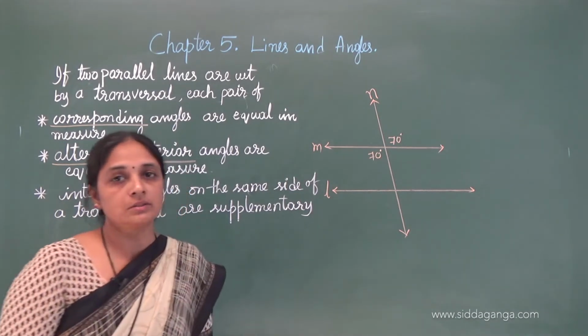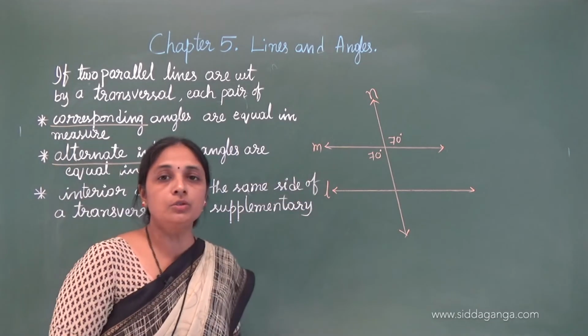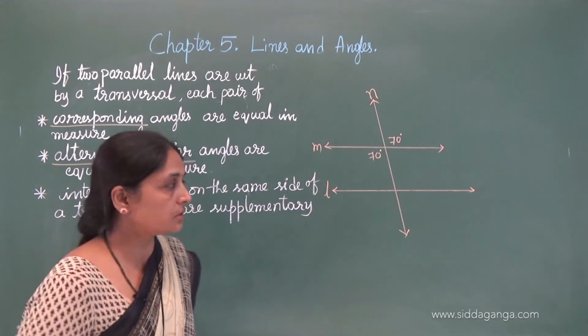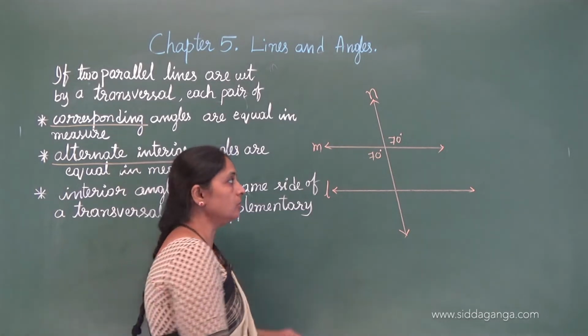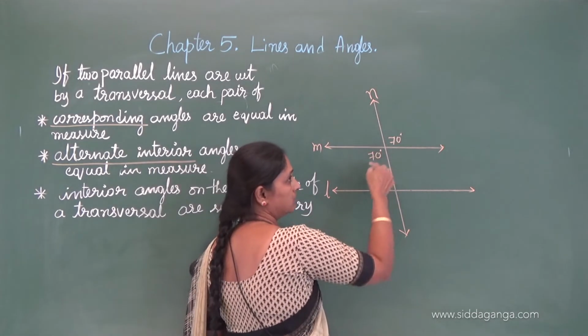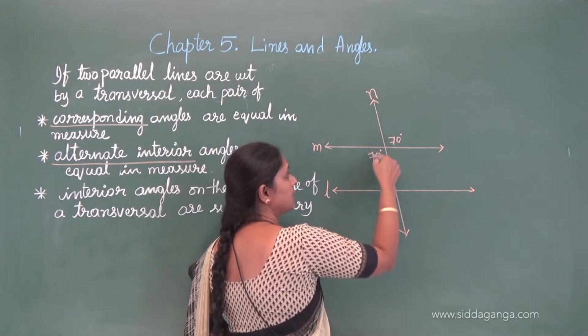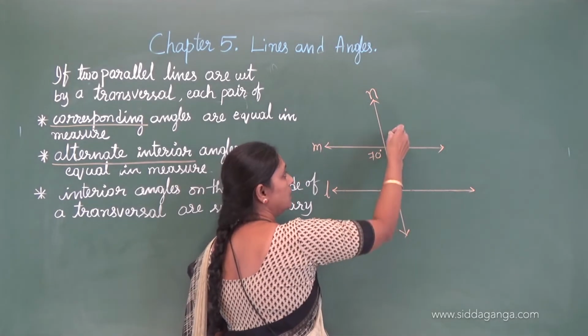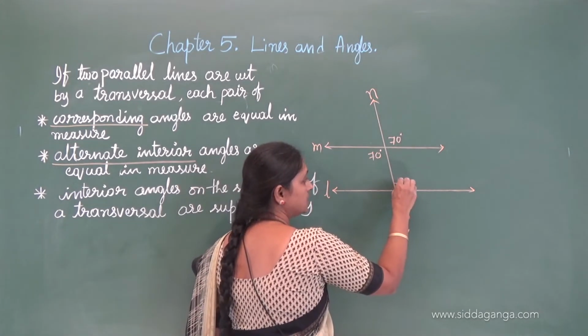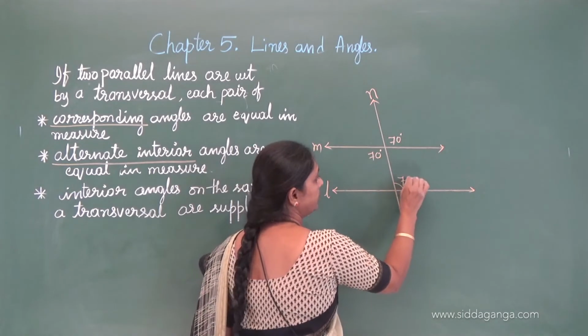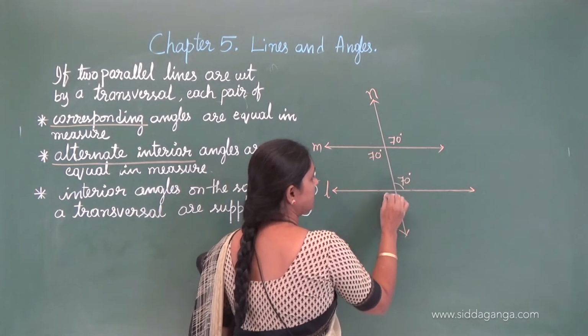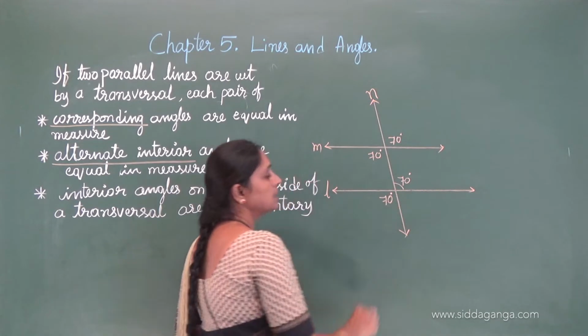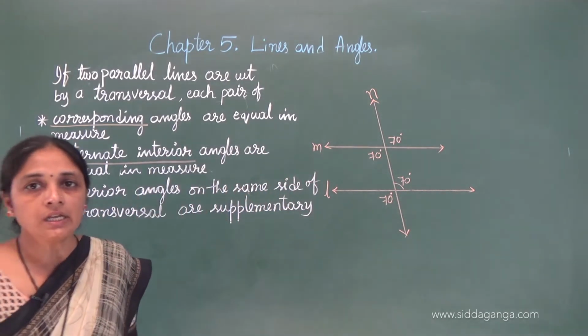Okay, I showed you how to construct parallel lines. So I am giving only an example for you. So if these are the vertically opposite angles, then these are 70 degrees. So this is a corresponding angle, then it will be 70 degrees, and again these are the corresponding angles, then it will be 70 degrees.